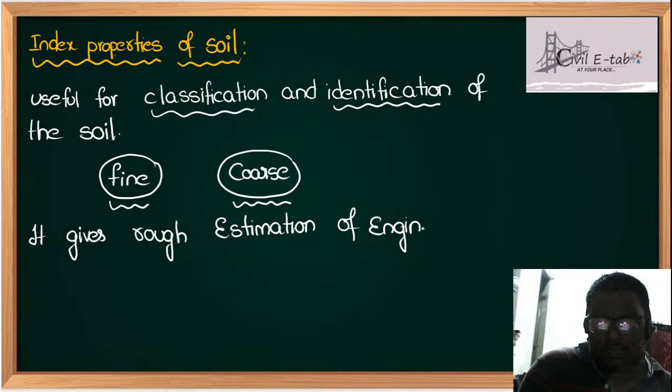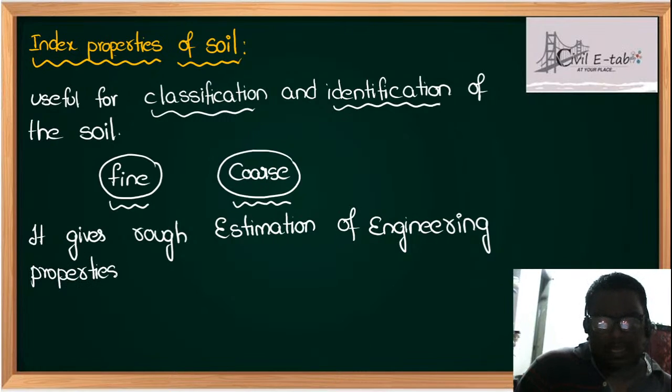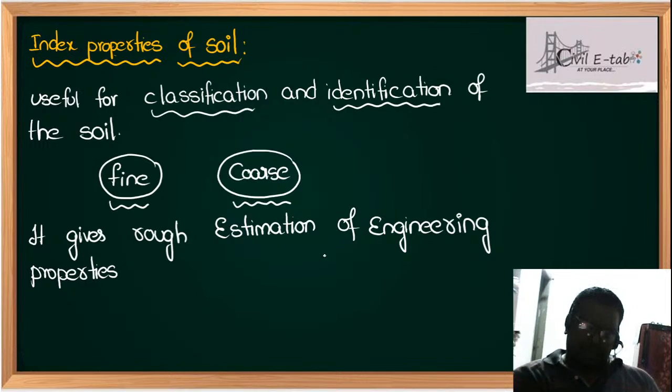Now you'll ask me, what are index properties and what are engineering properties? Engineering properties are nothing but shear strength, compressibility, permeability. Shear strength means the strength of the soil.